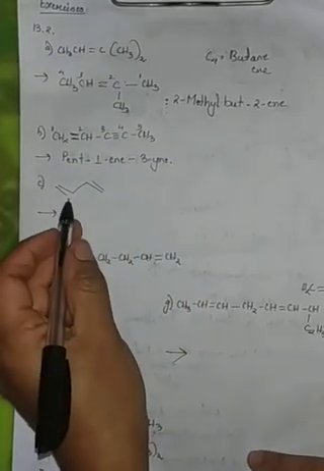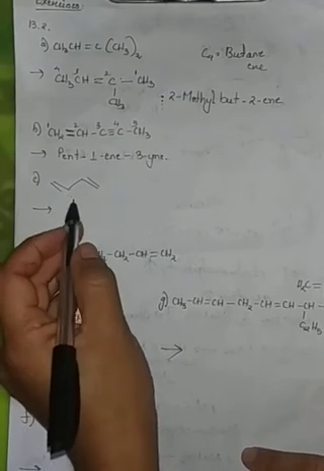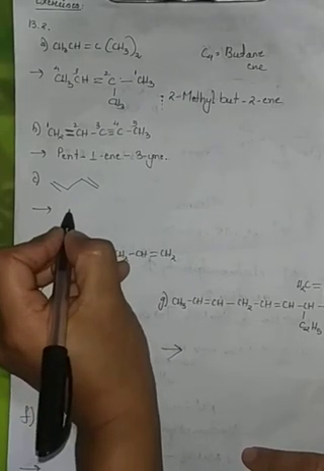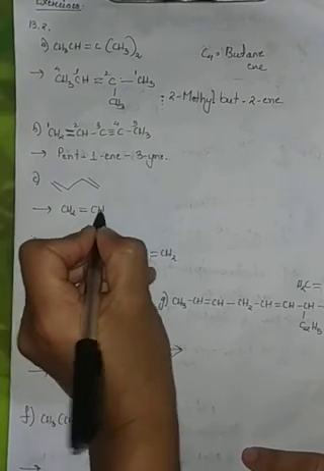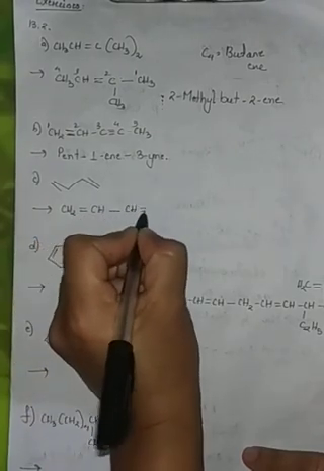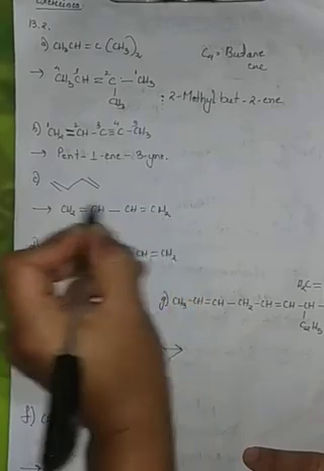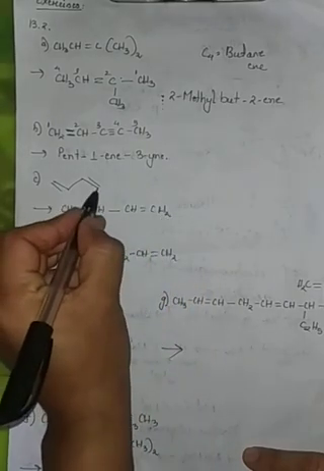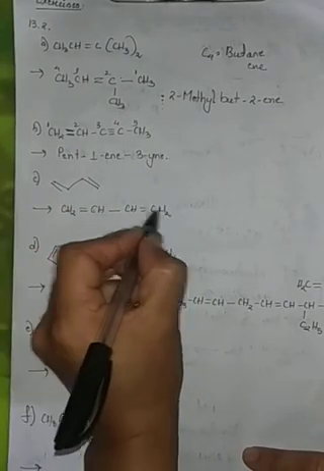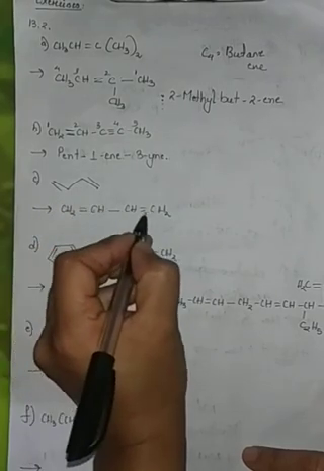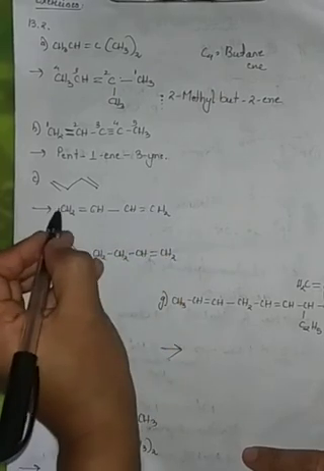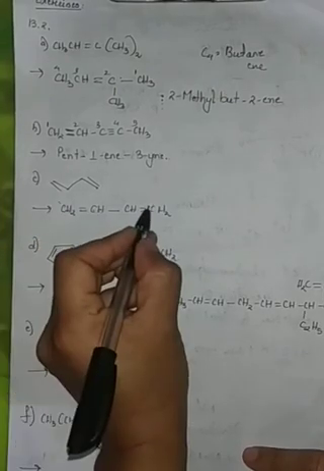Now our third example. This can be written as CH2 double bond CH, single bond CH, double bond CH2. Now 1, 2, 3, 4 carbon atoms. We have a double bond, single bond, double bond. So therefore this is the molecule. You can start numbering either from this side or this side, it is the same.